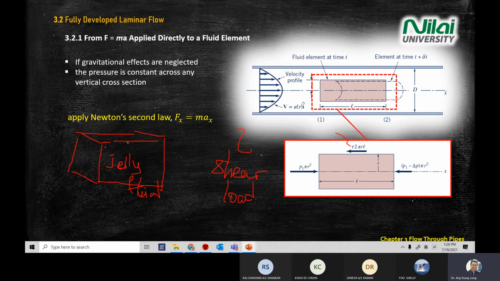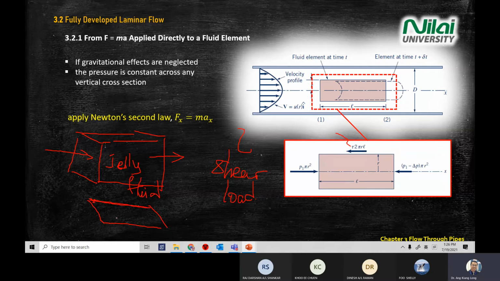When you push this jelly from left to right inside a container, the jelly is going to change shape to become something like that, because this part sticks to the wall, so it cannot move.